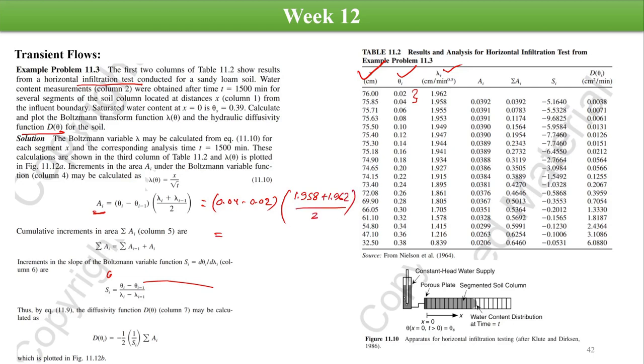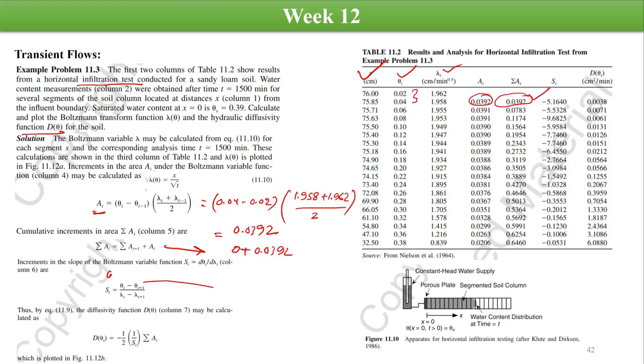So it will be 0.04 minus 0.02 multiplied by 1.958 plus 1.962 upon 2, and it will be equal to 0.0392. The cumulative increment will be the value before that plus this. Okay, so this also we can determine, right, this one.